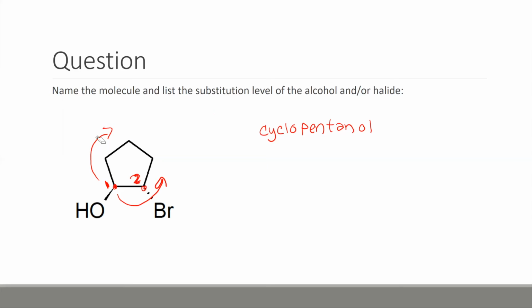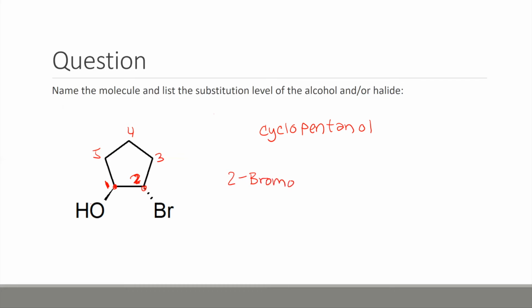So I'm going to number going this counterclockwise way, where bromine gets position number 2. So this would be 2, 3, 4, 5. Okay, so the other substituent on this ring is a bromine, meaning it will be 2-bromo.